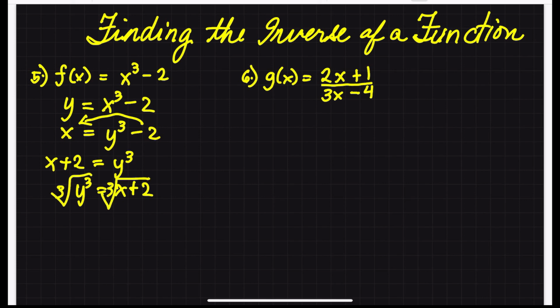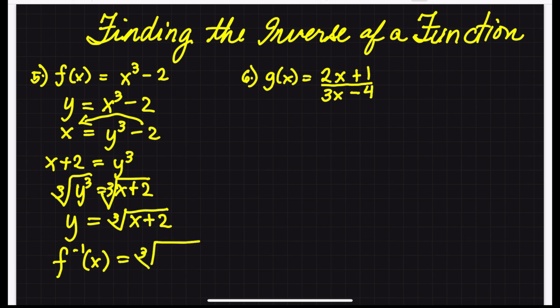So, cube root of y cubed will become y. So, y is equal to cube root of x plus 2. Okay? So, yan na yung magiging inverse ng f function natin. So, the inverse of f function is cube root of x plus 2. So, ganun lang siya kasimple.